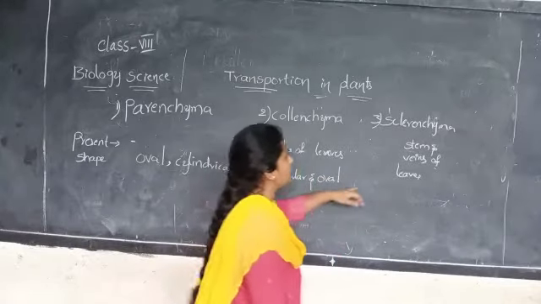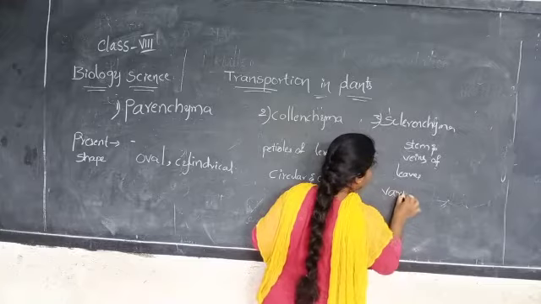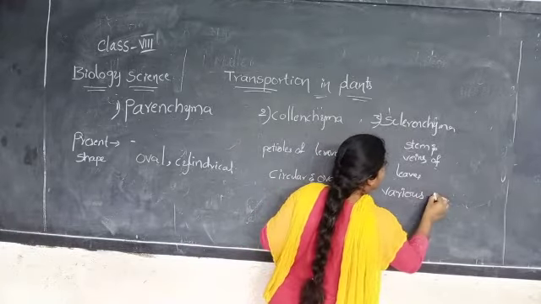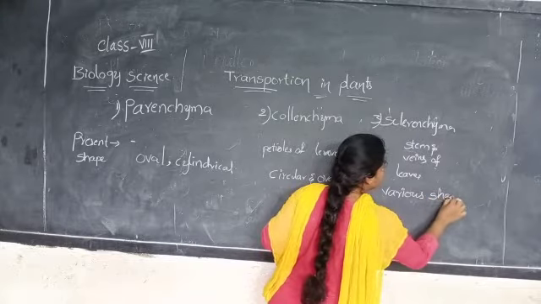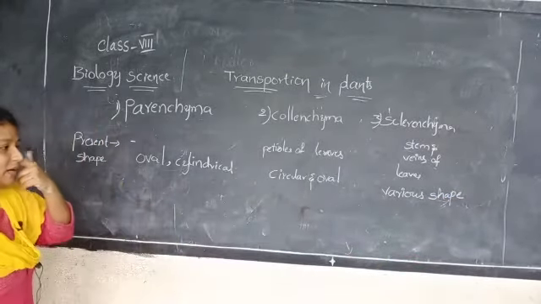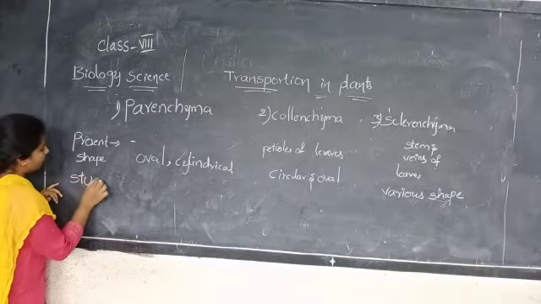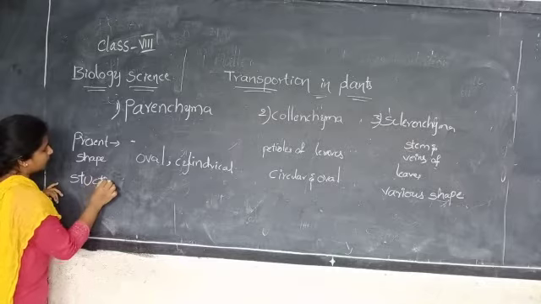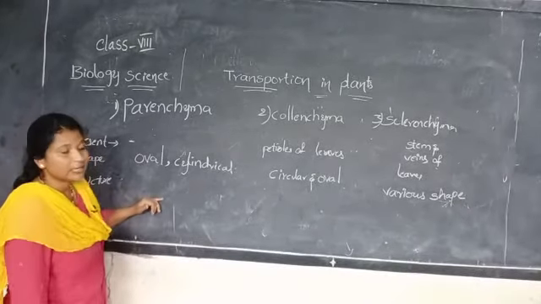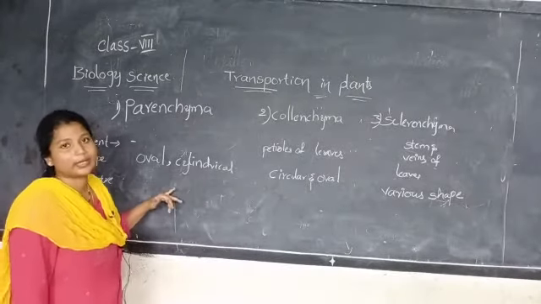When it comes to sclerenchyma, various shapes occur. The structure of parenchyma is a thin wall structure, so it has large intercellular spaces. It has large nuclei also.